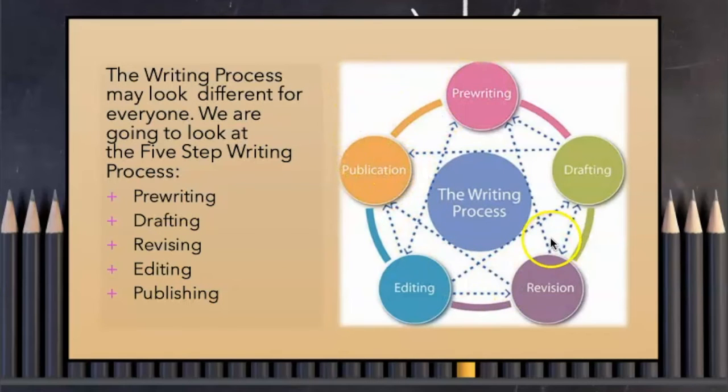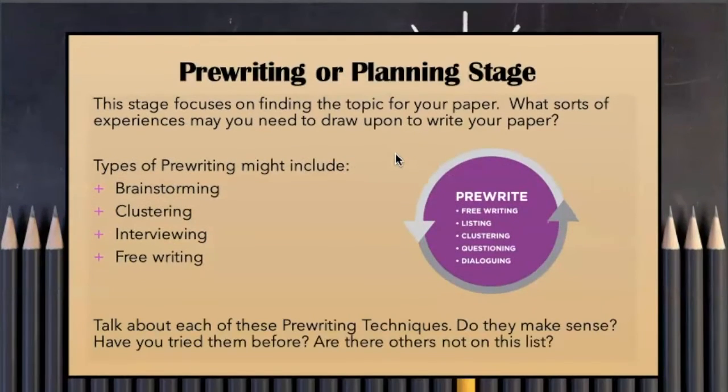In the writing process, we have pre-writing, which is always going to be your first step, to drafting, to revising, to editing, and to publishing. Publishing is your last step. My advice is to take it one step at a time, and that starts with the pre-writing process.